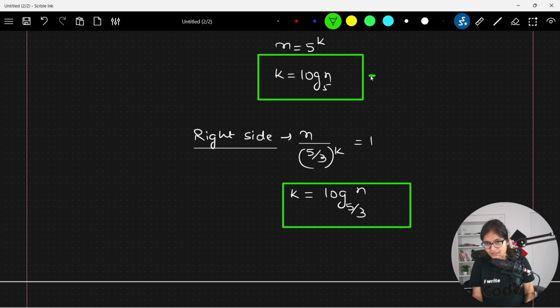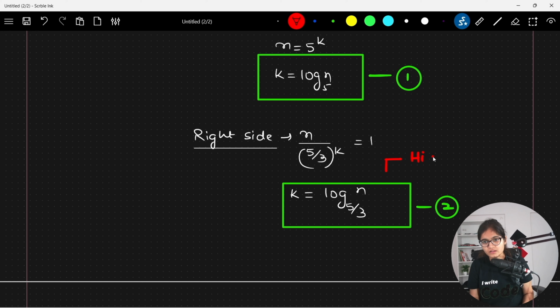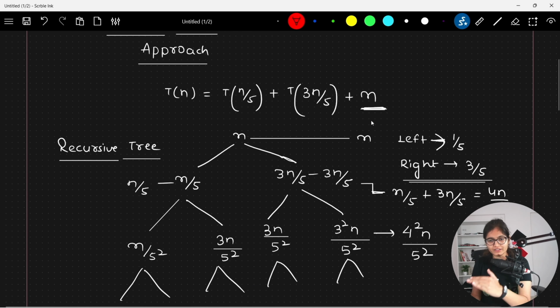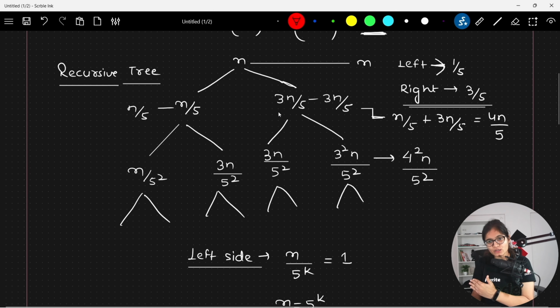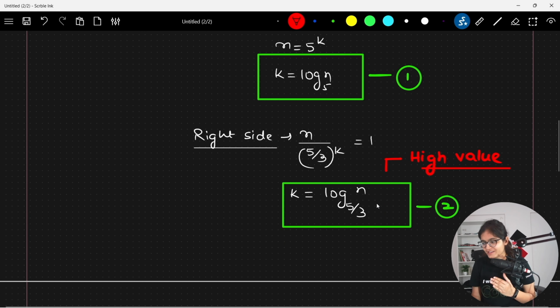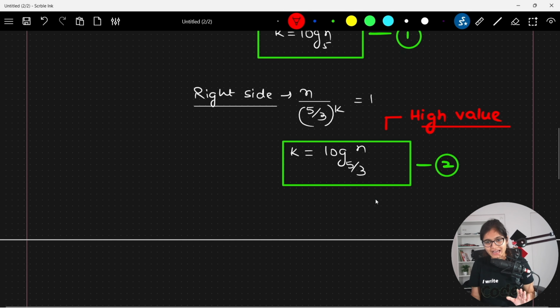Now, can anyone tell me, this is the first level, this is the second level, which particular level is having a higher value? Here if you observe, lower the base, higher the value. It means that this has a high value. But at max, it will reach until this log of n base 5 by 3 level. This part we have understood.